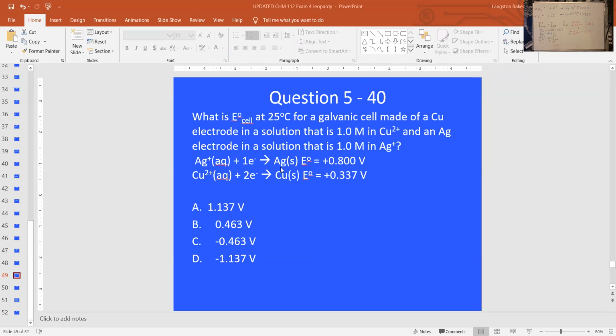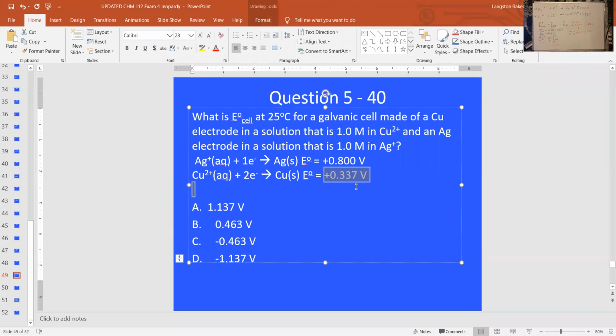The chart is arranged in order of higher to lower reduction potential. So this E value, they're arranged higher or lower. The higher you are on that chart, the more likely you are to be reduced, the better of a reducing agent, I think it is.